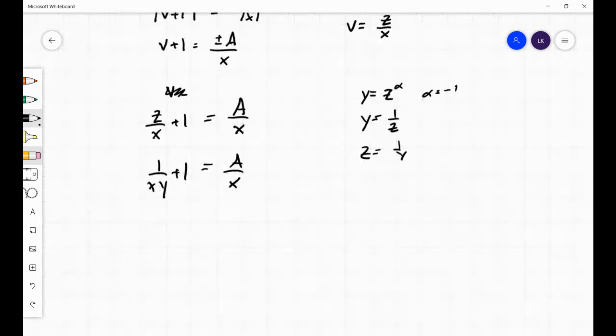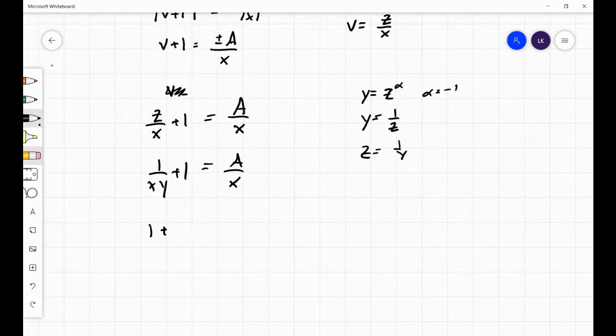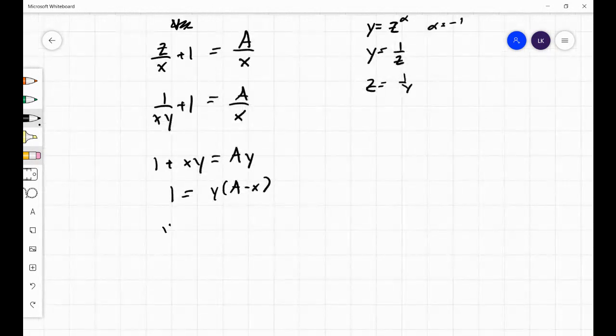And that's a solution. Maybe you can multiply both sides by x times y to get something slightly nicer. And if you'd like, you can even solve for y in this case. So y is 1 over a minus x, where a is an arbitrary constant.